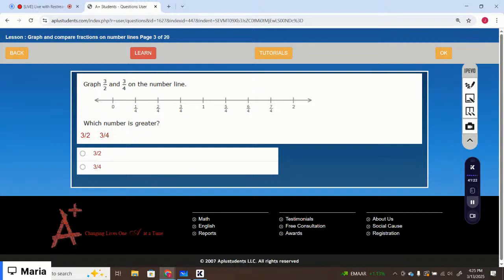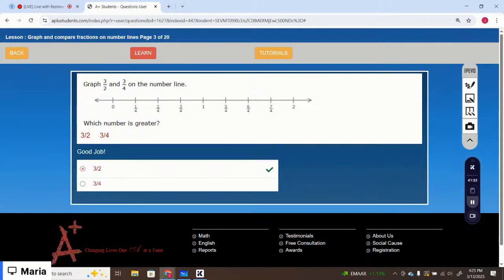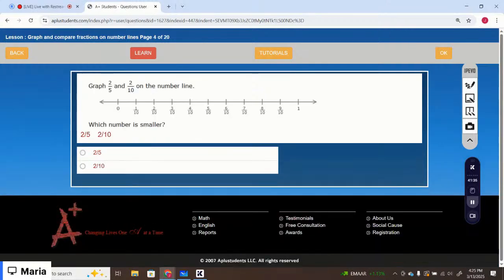So 3/2 is greater than 3/4 because the numerator is greater than the denominator. So 3/2 is greater than 3/4. Option number 1 is the correct option.